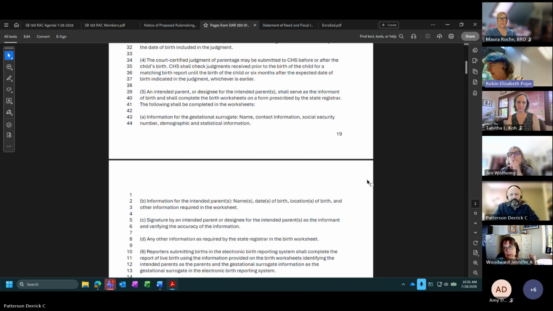Okay. And then on A, which is on line 43, the social security number for the gestational surrogate. I know it was included for intended parent before, and we had talked about it by email and you took it out. So thank you for doing that. And I did check the statute that supported my position on that one, but why do you need the social security number for the gestational surrogate? I'm just curious.